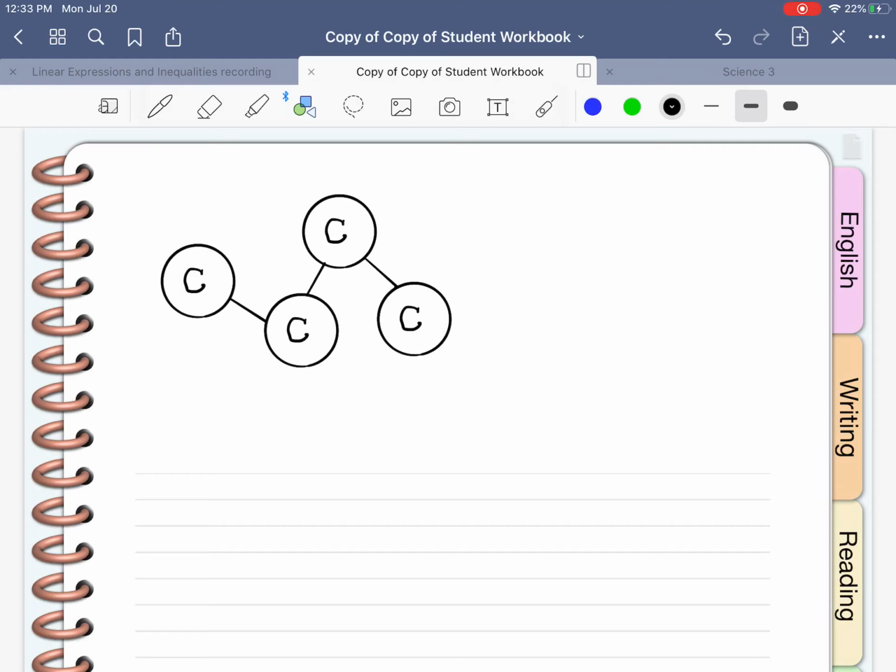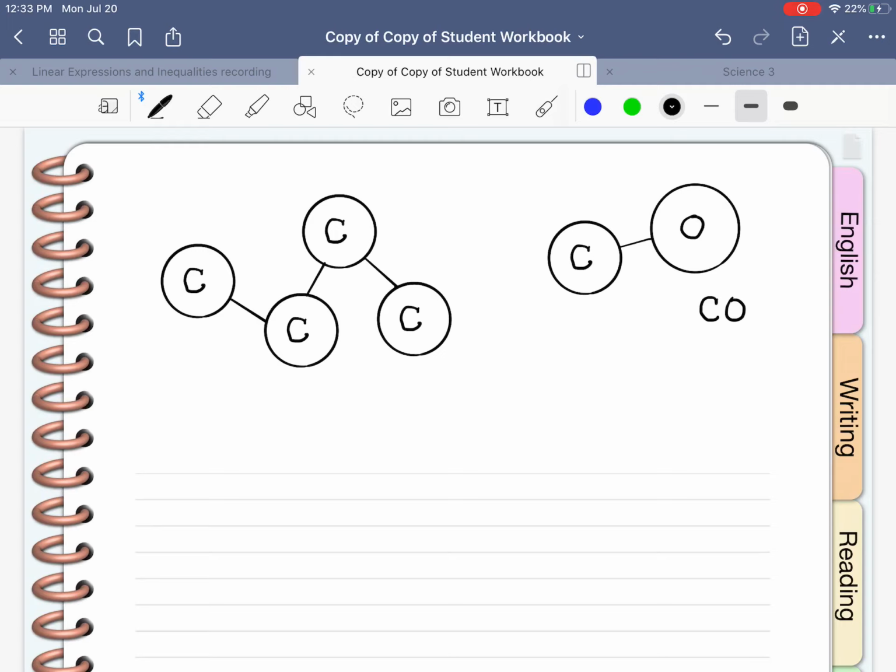You can combine carbon with other elements. So let's take an atom of carbon. Oxygen is number 8 on the periodic table, so it's slightly bigger than carbon, but not much. So if you combine this into a molecule, you get carbon monoxide.